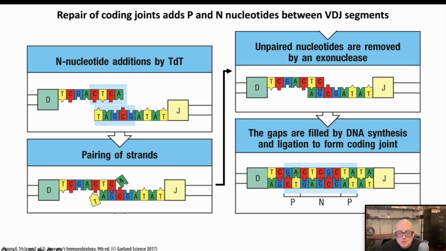But one way or the other, we've now introduced some number of additional nucleotides between the germline segments that we recombine. So in this case, between the germline D segment and the germline J segment, this is completely new genetic information that has been added here on the spot, de novo.